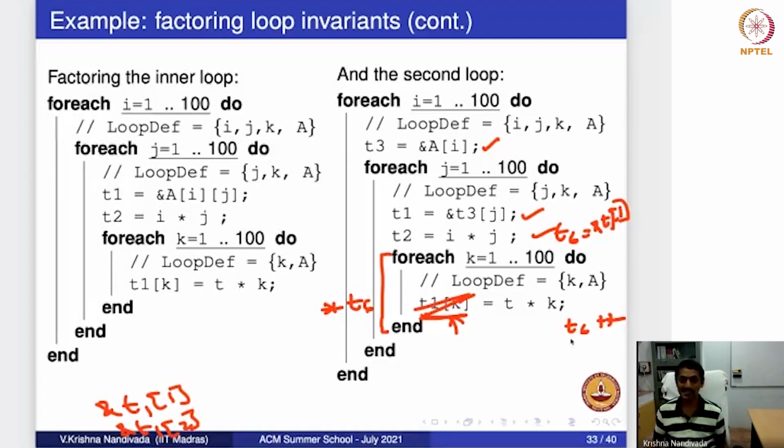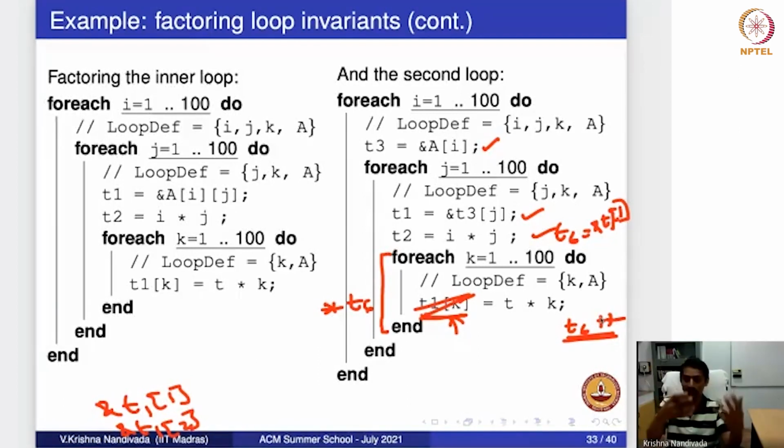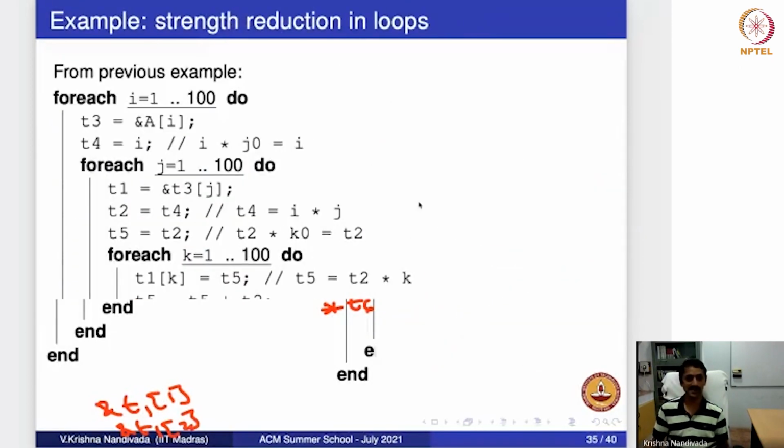And why am I doing T6 plus plus here? Can someone explain? To access the next address, exactly, so that I can go to the next pointer, right? I can do the same thing for T3 and A sub I, and I'll have some code like this. I will have a code where I'm only reading the address once here, and then I'm incrementing the address.